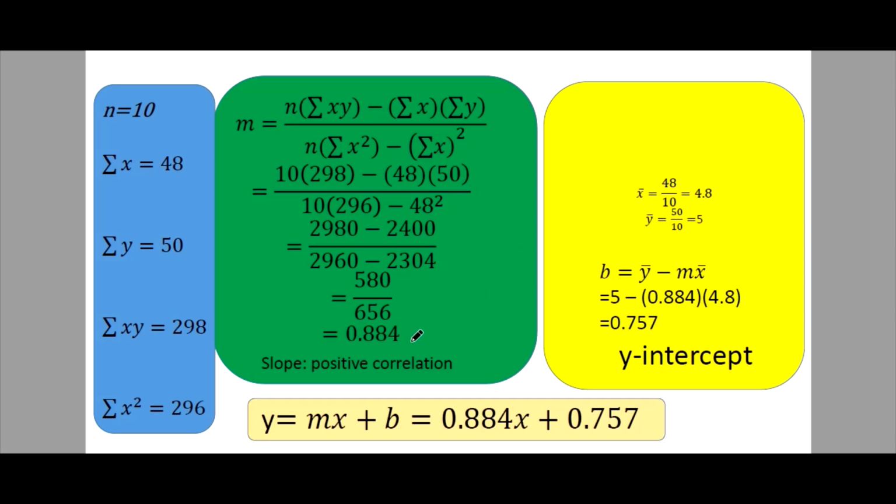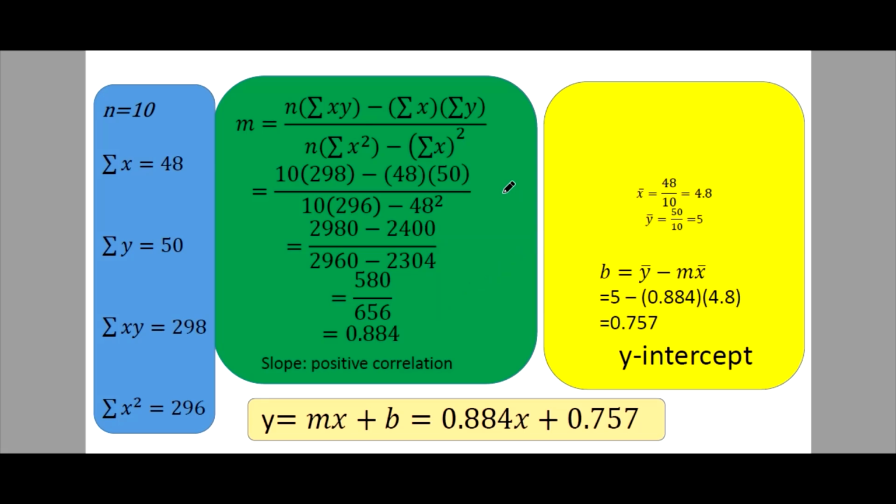Using your calculator, you will get 0.884. Take note, the slope is positive, so it implies that the correlation also is positive, meaning the line goes upward to the right, because the slope is positive.